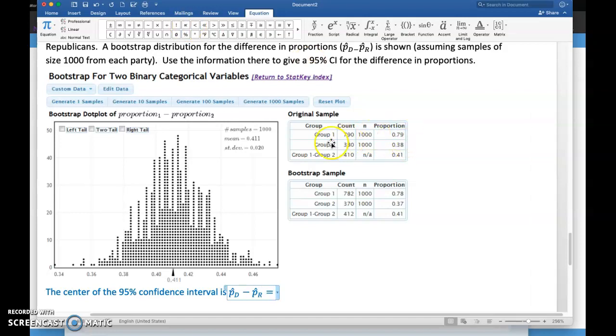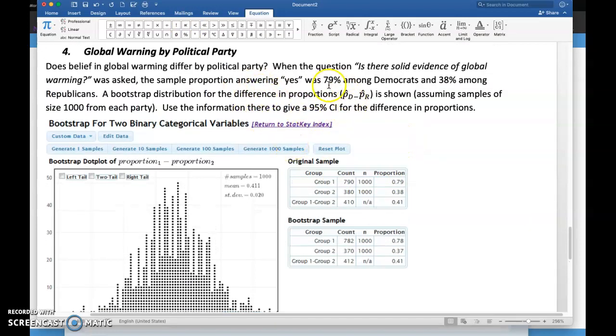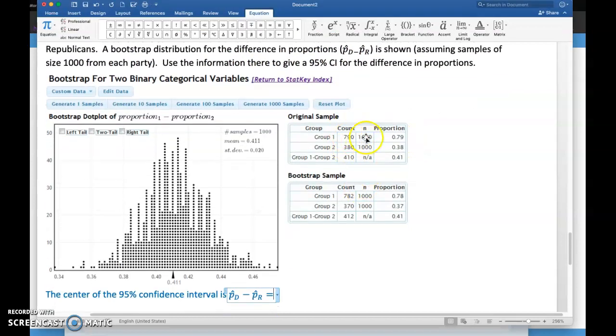Here, not in the explanation, we're given 79%, but over here we're given group 1 to be 790 out of 1,000 Democrats said yes, there's solid evidence to support global warming, and I'm going to subtract from that the 380 out of 1,000 Republicans who said yes, there's solid evidence of global warming. So it's 79% minus 38% to get 0.41.